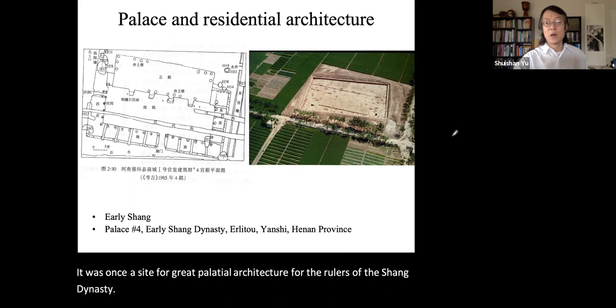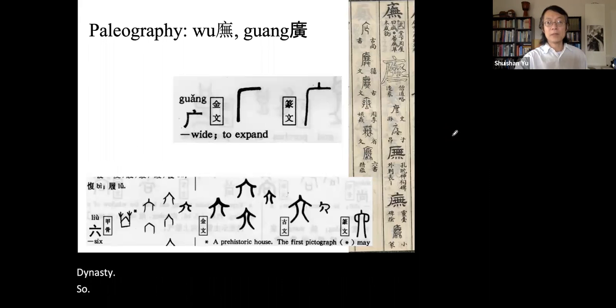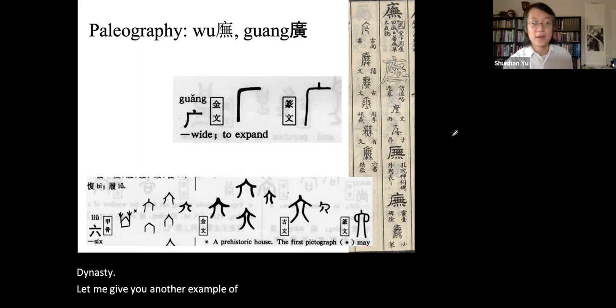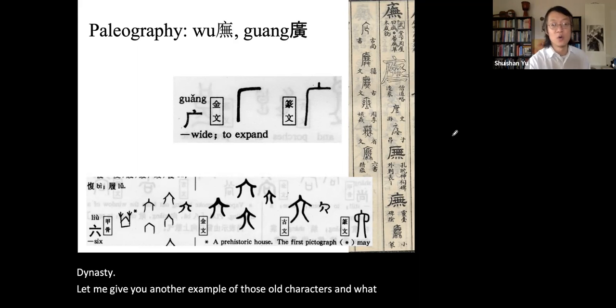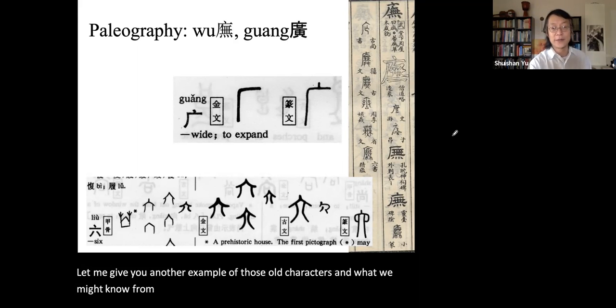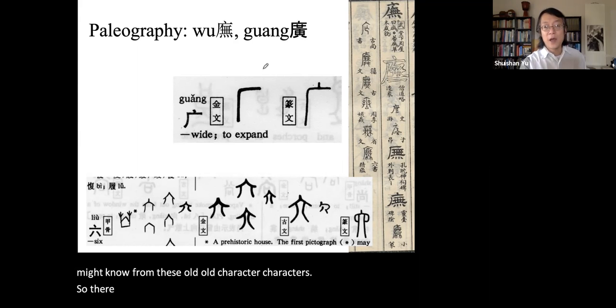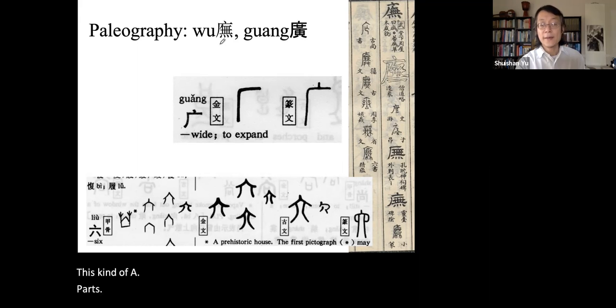So now let me give you another example of those old characters and what we might know from them. There are a lot of ancient Chinese words with this kind of part.